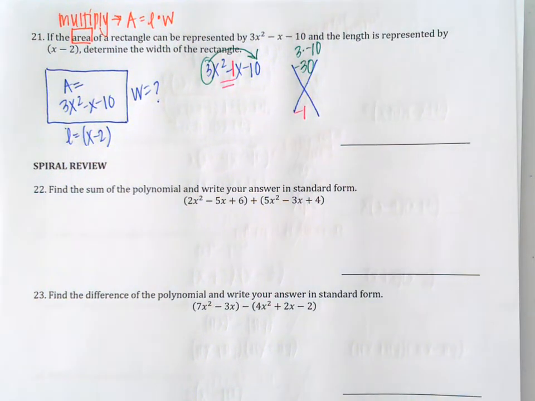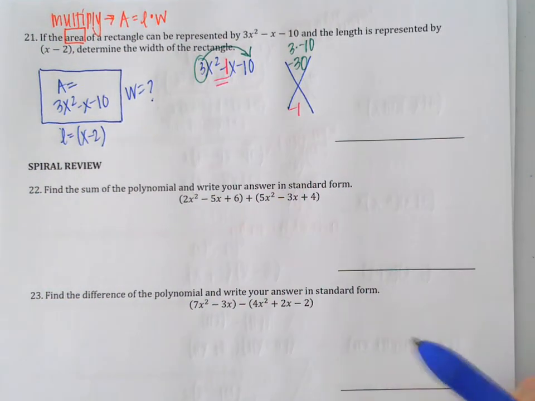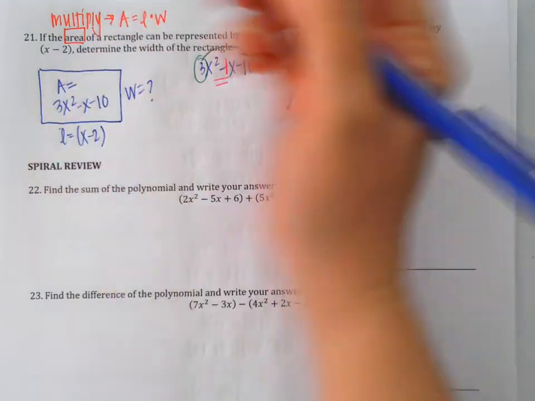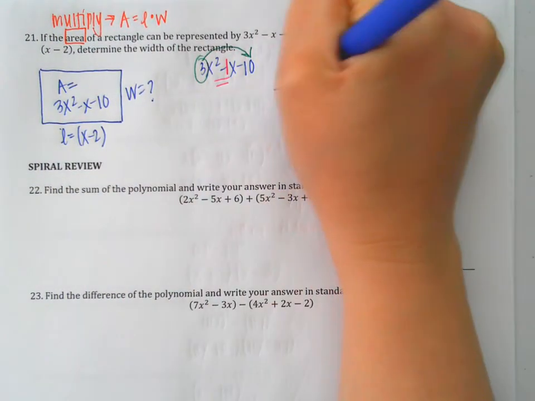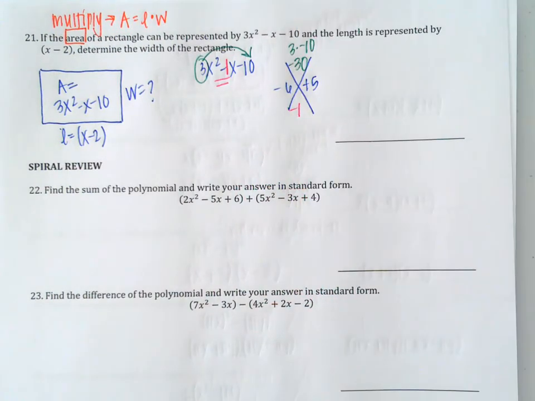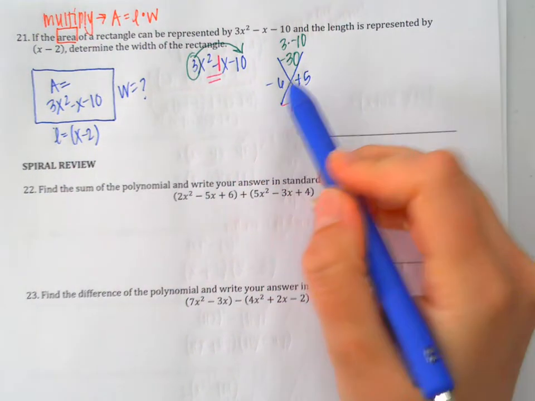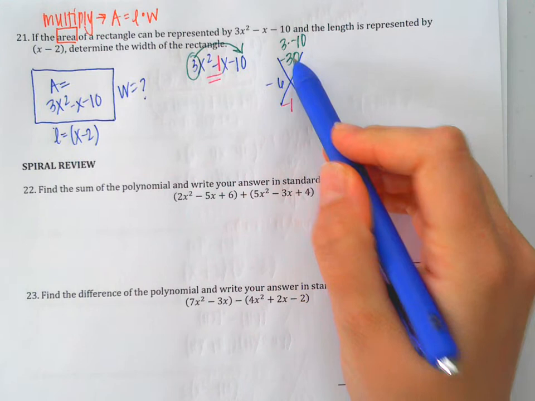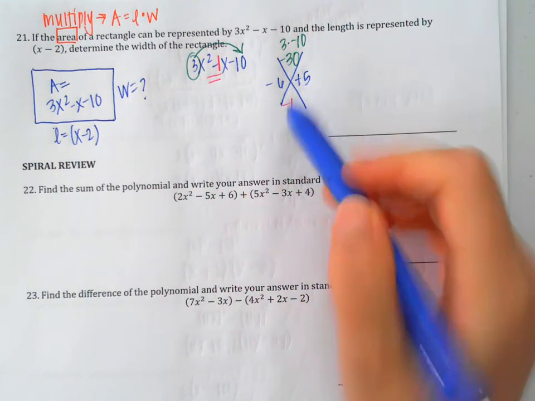So I'm thinking, what 2 numbers multiply together to get me negative 30 and add to get me negative 1? If you're thinking negative 6 and positive 5, you would be correct. Negative 6 times 5 is negative 30, and negative 6 plus 5 is negative 1.